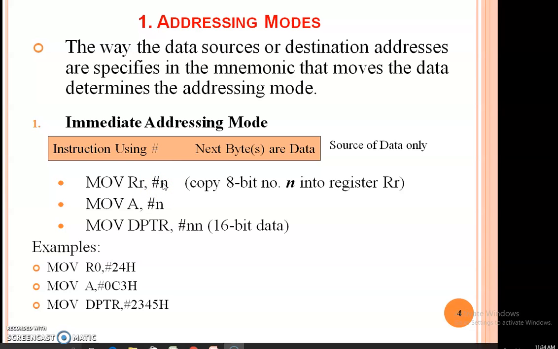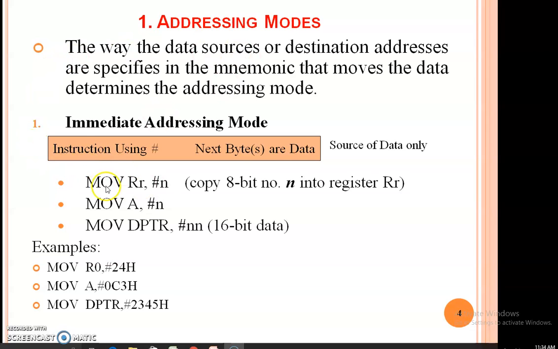That 8-bit data is moved into the particular register. So hash is a compulsory symbol in this addressing mode. Single n means 8-bit data, double n means 16-bit data. R0 to R7 registers are 8-bit registers, so you can move only 8-bit direct data into the registers, that is the single n.